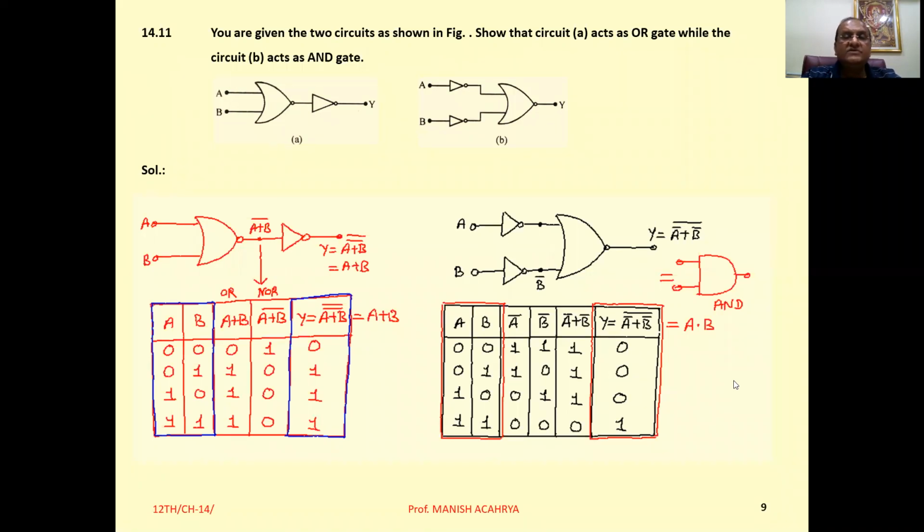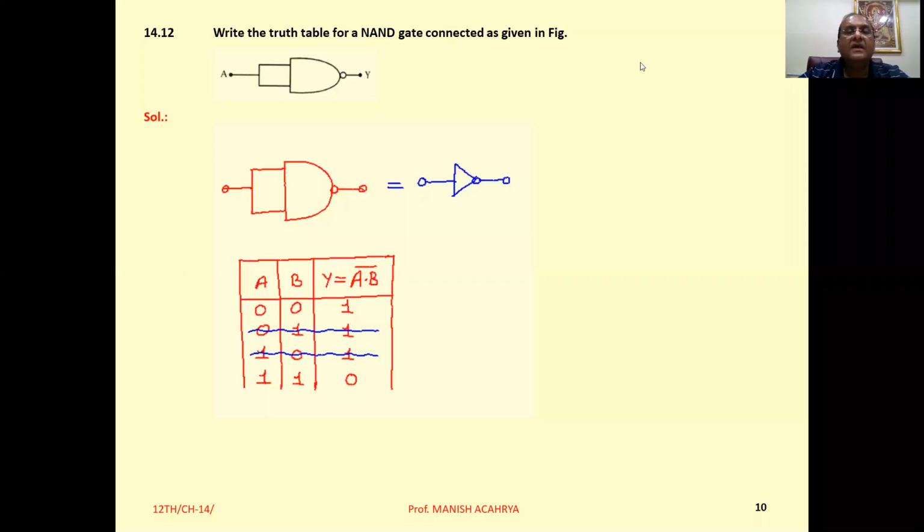In any other case, we are not getting output. It implies that either A or B or both are absent, we are not getting output. So this is the working of AND gate. It implies that this particular circuit given to you in figure B behaves as AND gate. Clear to all of you?